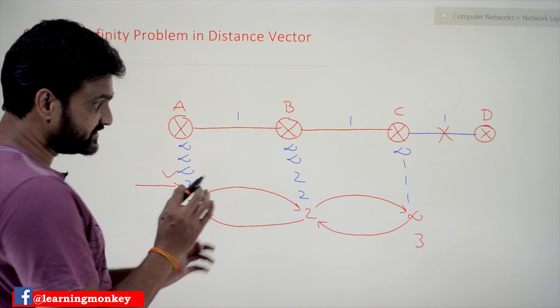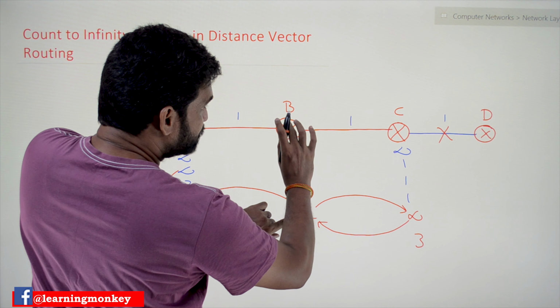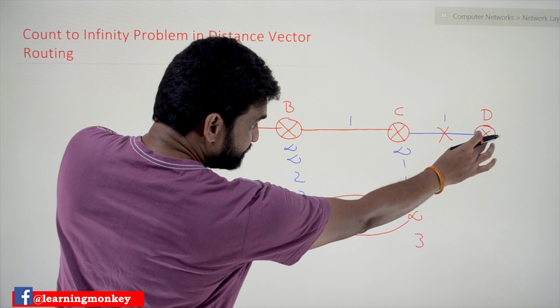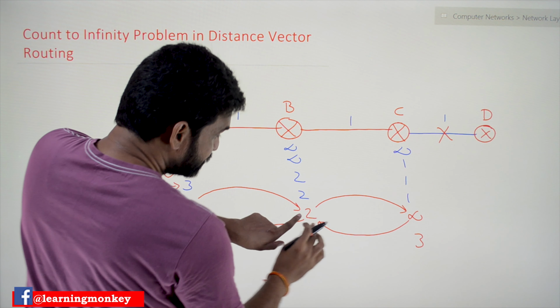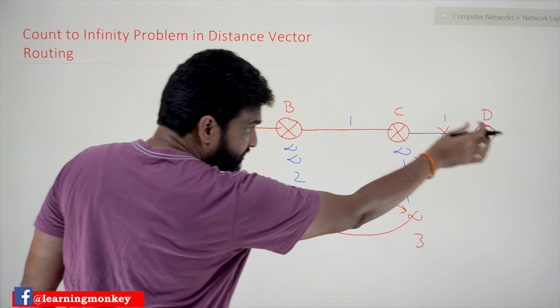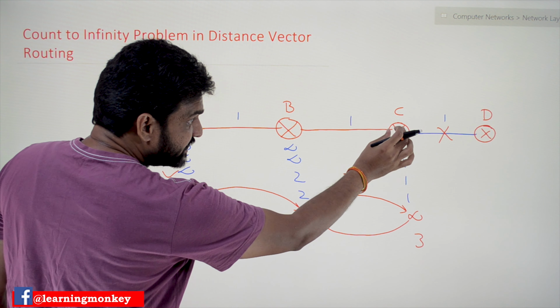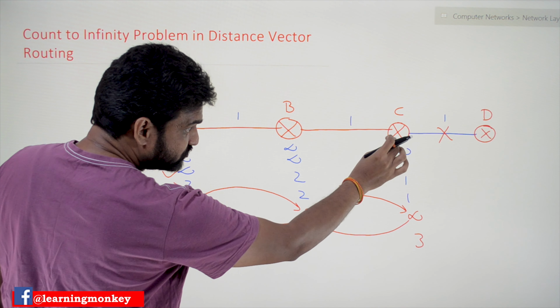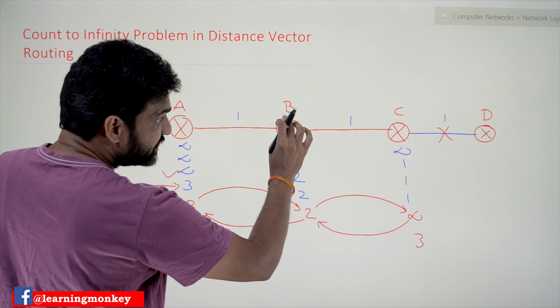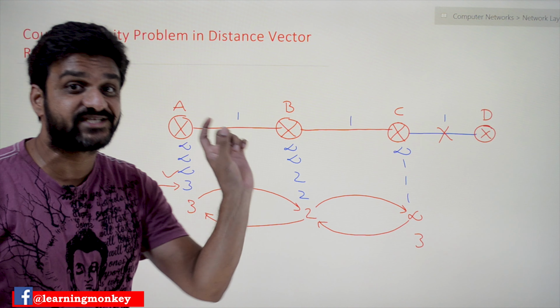For C to transmit the data to D, this 2 states that B can reach D with a distance of 2. In order for C to transmit the data, it has to transmit it to B, and B is taking the responsibility to transmit the data to D in a distance of 2.